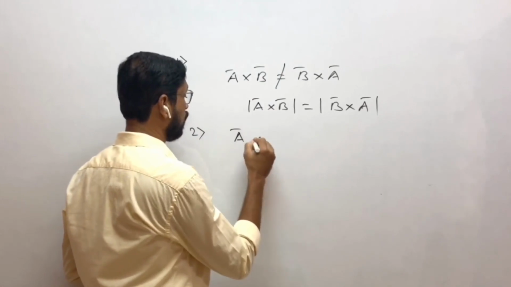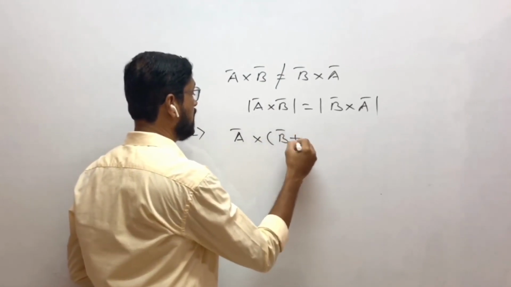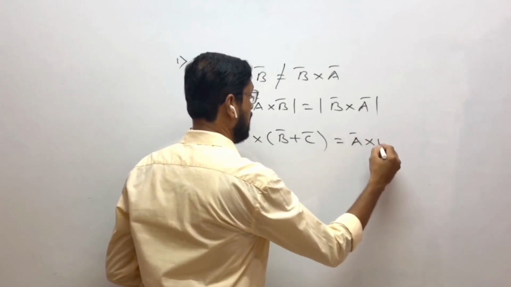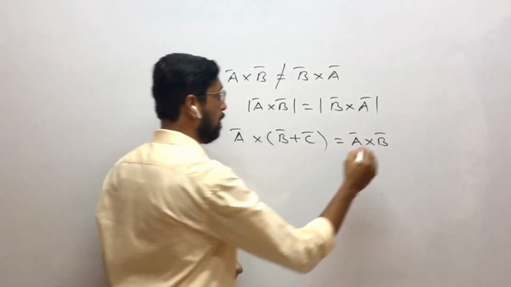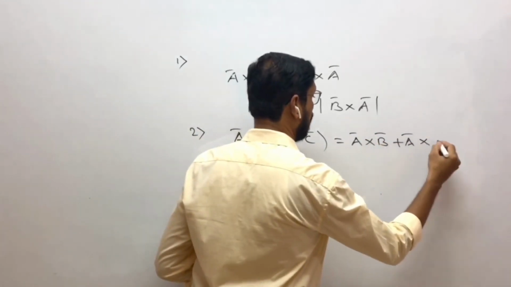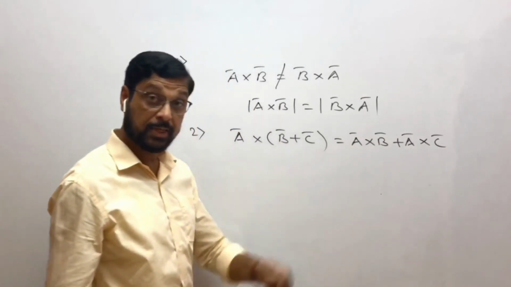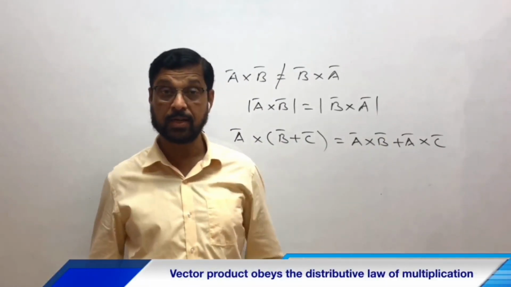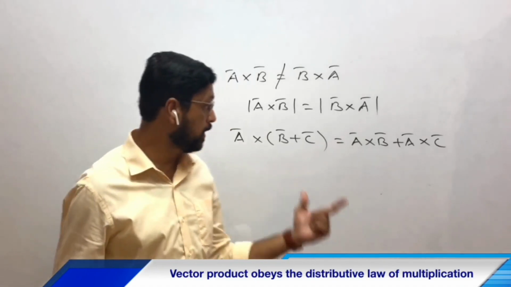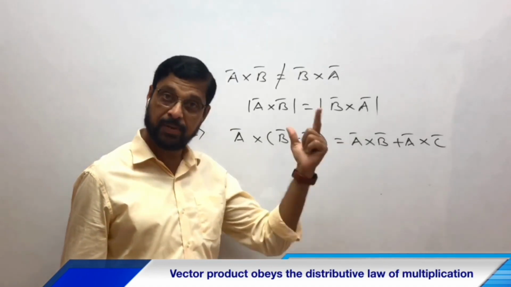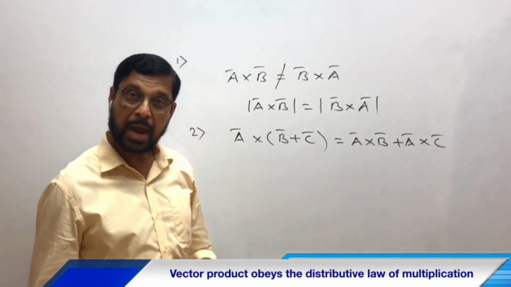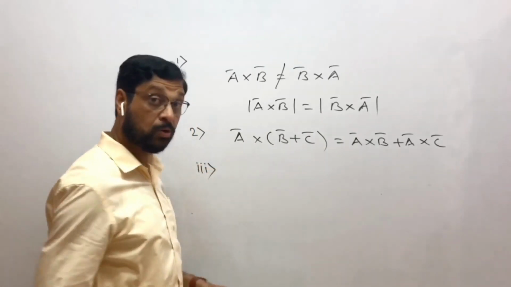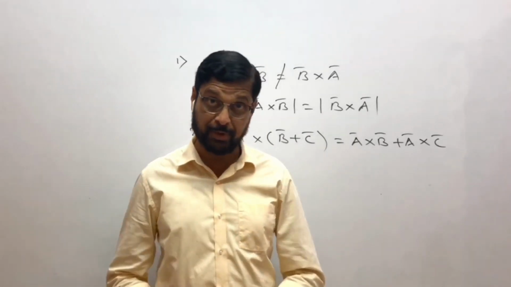A cross (B plus C) will be equal to A cross B plus A cross C. This means that the cross product, the vector product, it obeys the distributive law of multiplication. And the third characteristic was about the angles between the vectors.